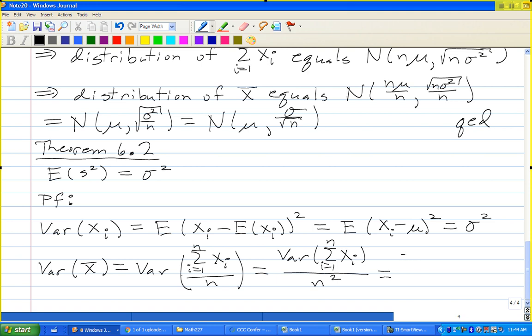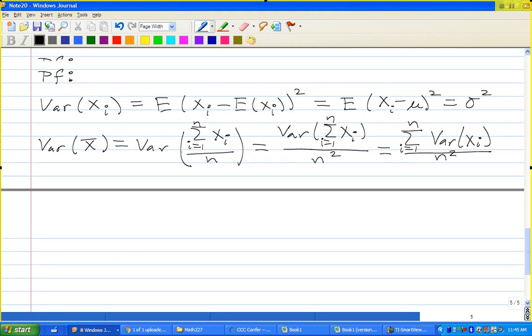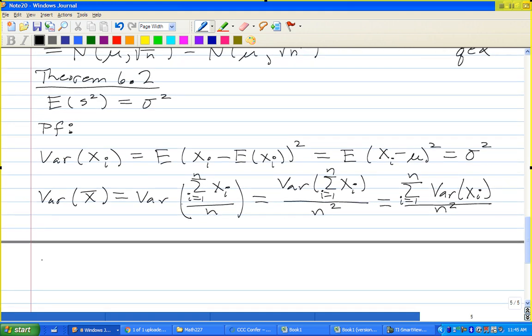This is the sum i equal 1 to n of the variance of xi over n squared. But from above we have that the variance was sigma squared, so it's a sum of sigma squared, i equal 1 to n, over n squared.